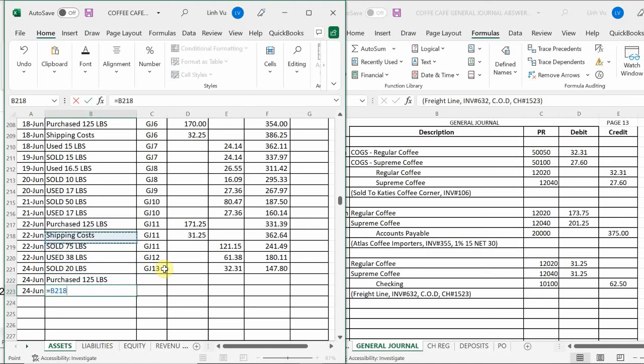We also did some freight costs. In this case, we purchased 125 pounds at 173.75. We have freight for $31.25.